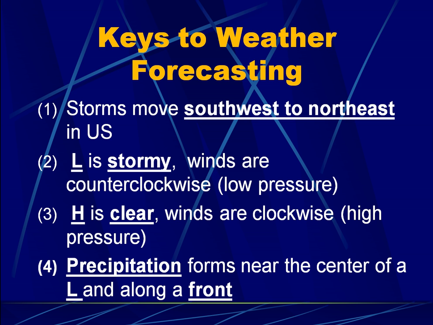Keys to forecasting weather. First, you should know that storms move southwest to northeast in the United States. A low, a lousy low, tends to be stormy, and a high, happy high, tends to be clear. Precipitation forms near lows and along fronts.